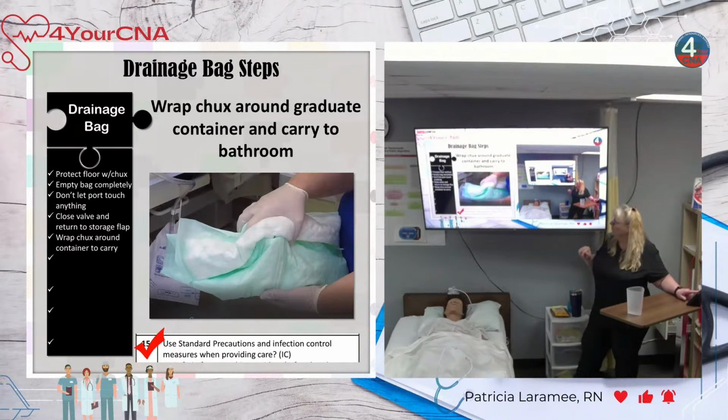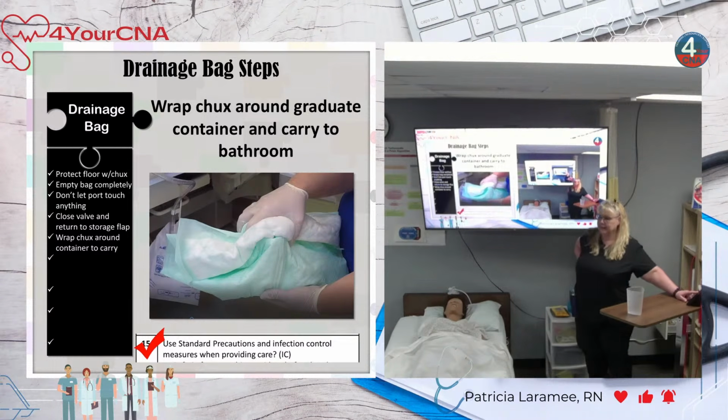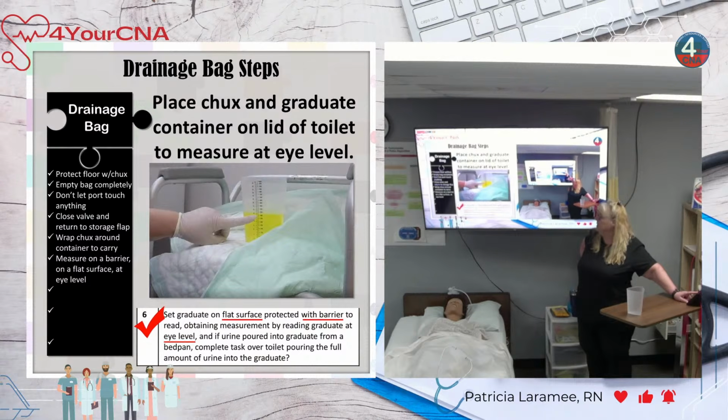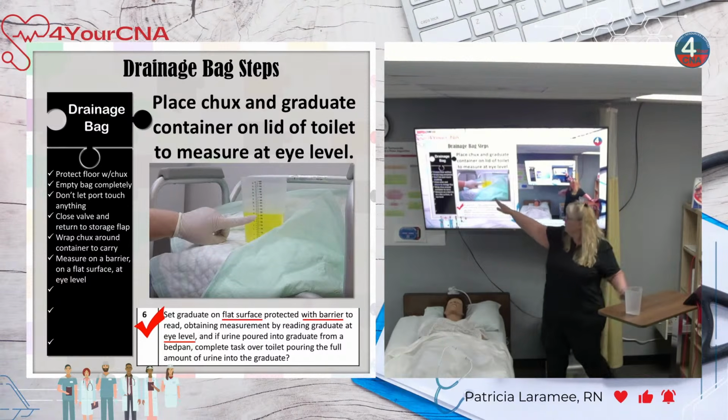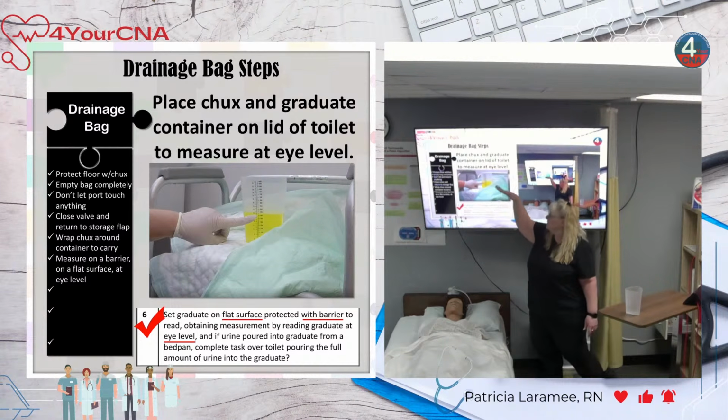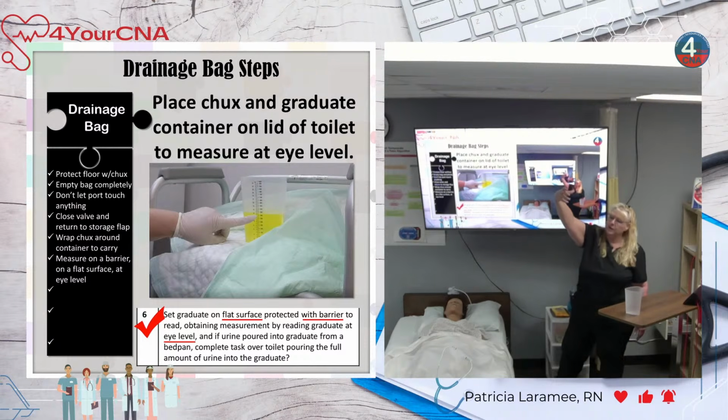All right. We always cover any container of urine or feces. We don't walk through a room with an open container of urine. Take it to the bathroom. We're going to put it on the lid of the toilet, unwrap it. It is on a barrier, on a flat surface, and I'm down at eye level. Never hold urine over your face.